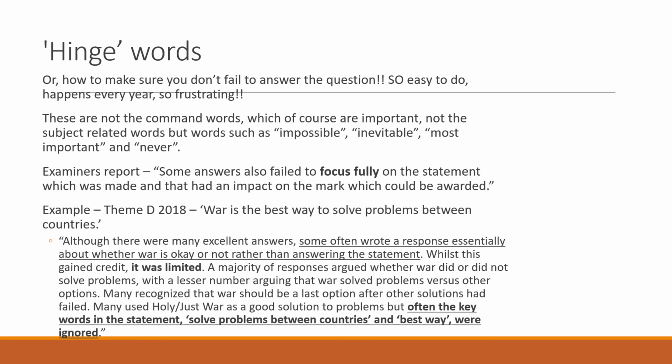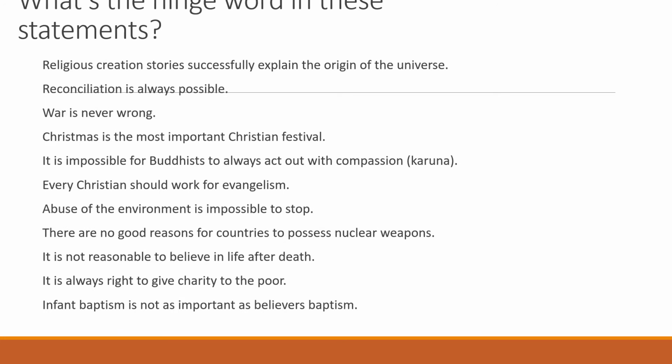Now, examiners seem to find that some answers are not focused fully on the statement, and to help you focus on the statement and avoid what the examiner said was common in some answers, use the hinge words, which ensure you're always focused on the question and you never fail to answer it. So these are some statements, and I would like you to highlight or just think about the hinge words.